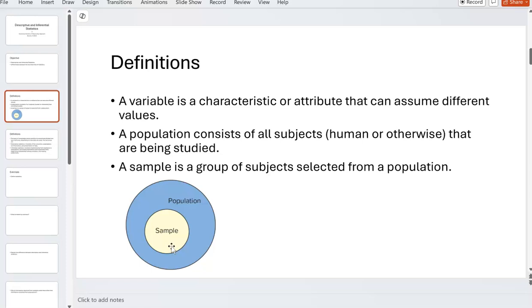We'll look at different samplings later on in the course, and talk about how that may be out of convenience for me, but that may not tell me the full picture of whatever I am sampling about. But this is a really nice little diagram here to showcase that the sample is just a subset of the population.